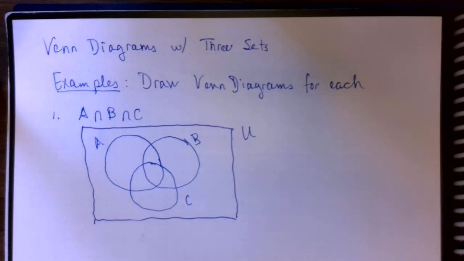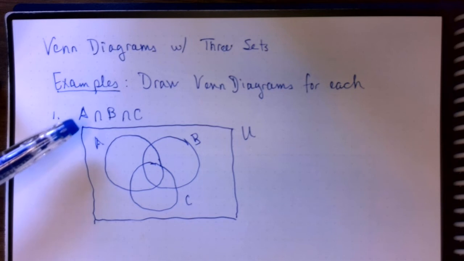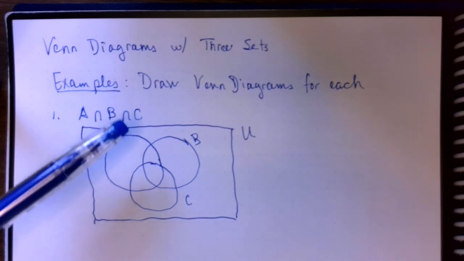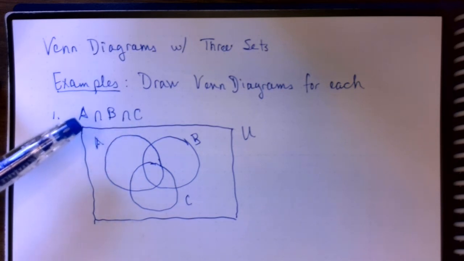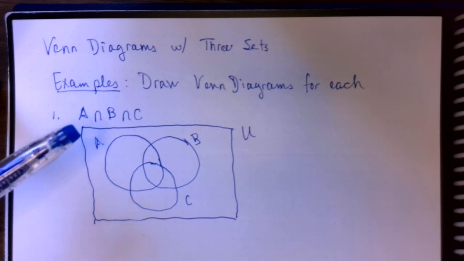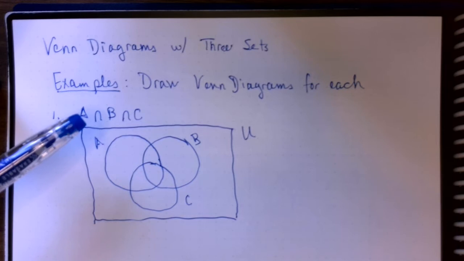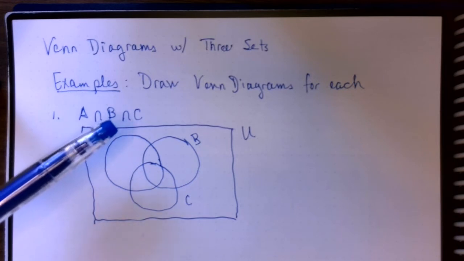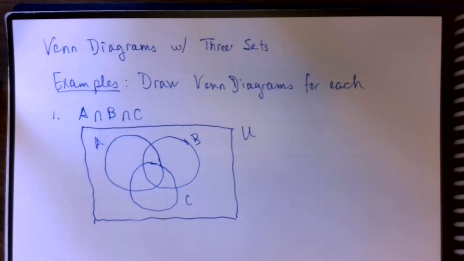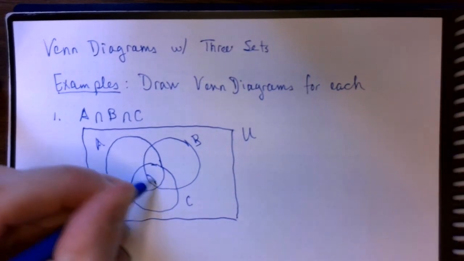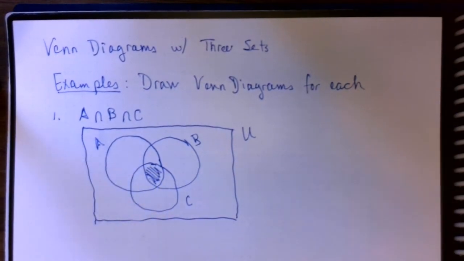So what we're going to do is shade this set, and when we're talking about intersection, we remember that intersection means overlap. So we're talking about the region where A overlaps B, and that overlaps with C. So we're talking about something that is in common to all three sets. So it'd be that region right there. That's the Venn diagram for A intersect B intersect C.